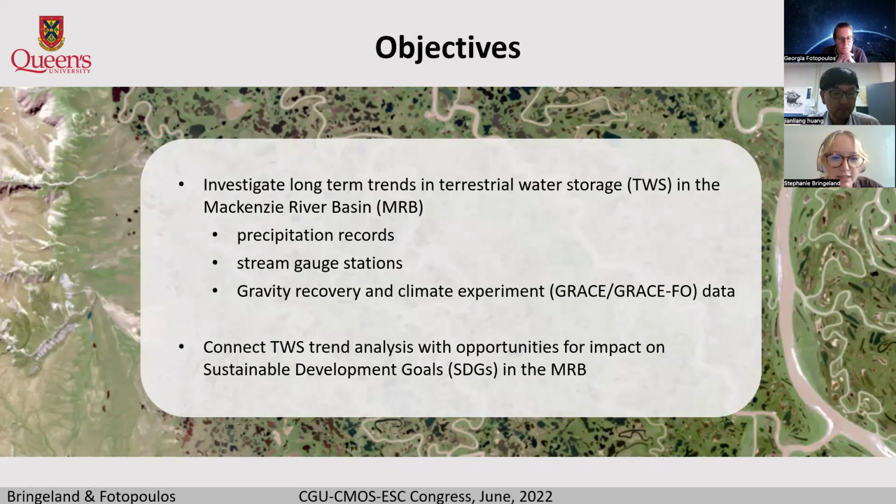First, to investigate long-term trends in terrestrial water storage in the Mackenzie River Basin, looking at precipitation records, stream gauge stations, and of course, GRACE data. And then second, I'd like to connect this trend analysis with the Sustainable Development Goals, namely looking at opportunities for impact that this kind of trend analysis from geodesy can have on the goals, specifically in the Mackenzie River Basin.